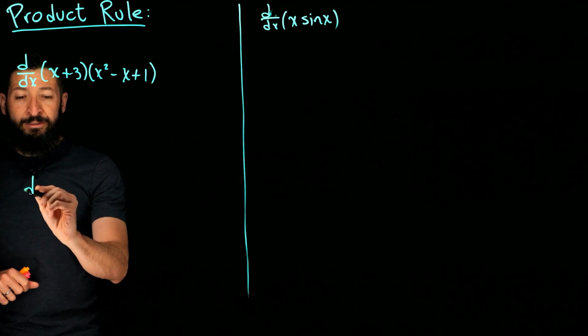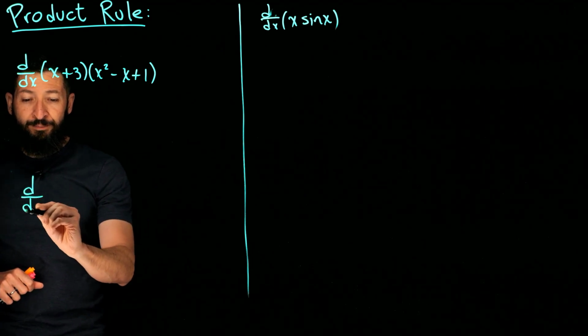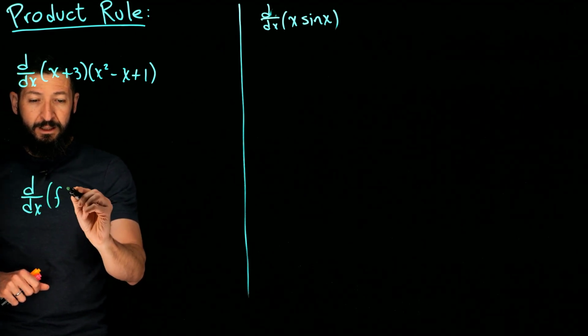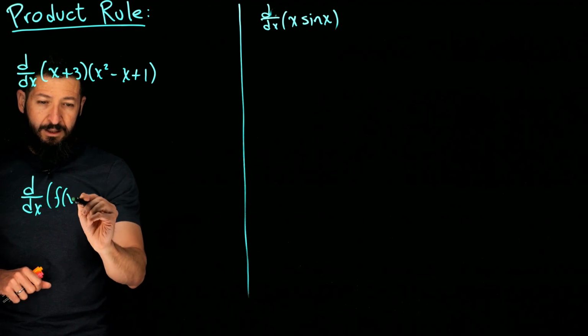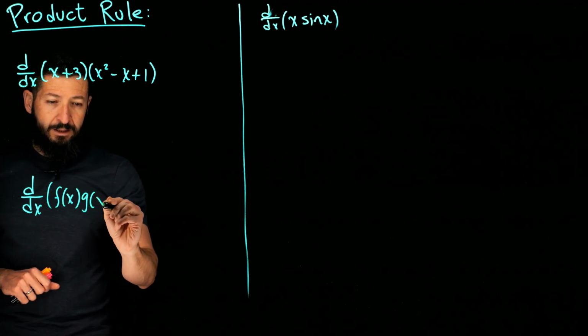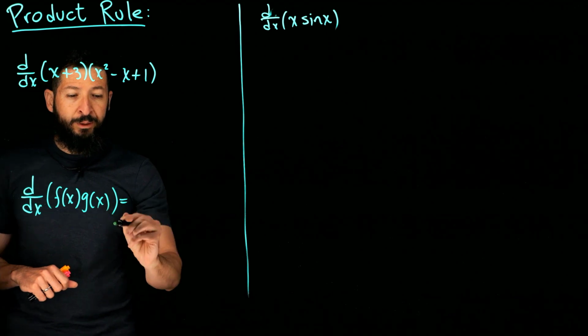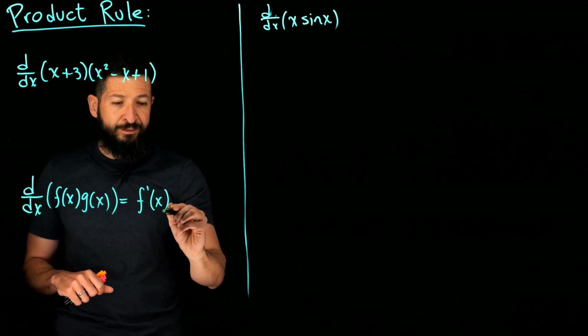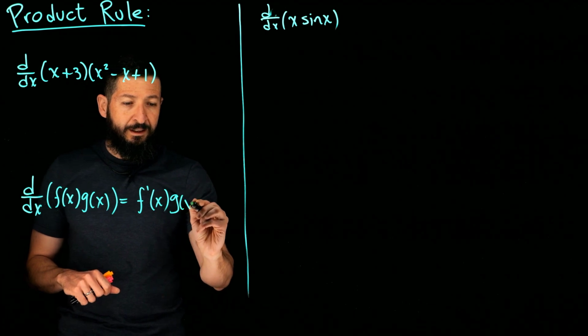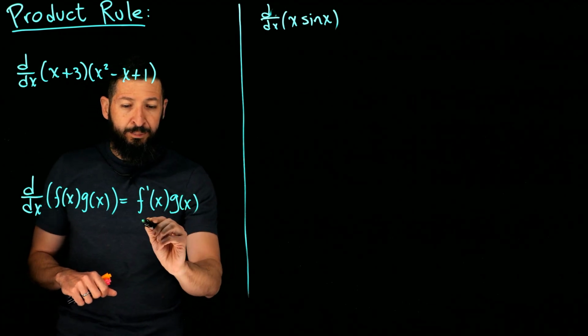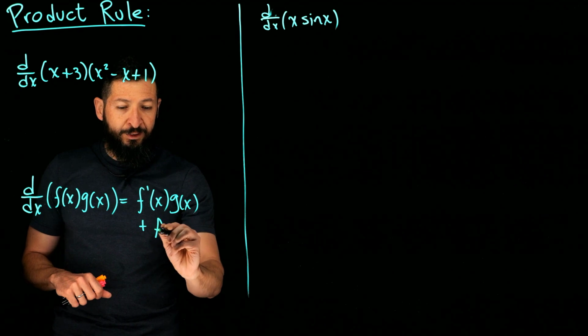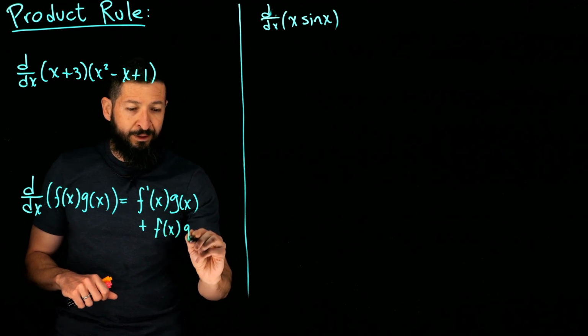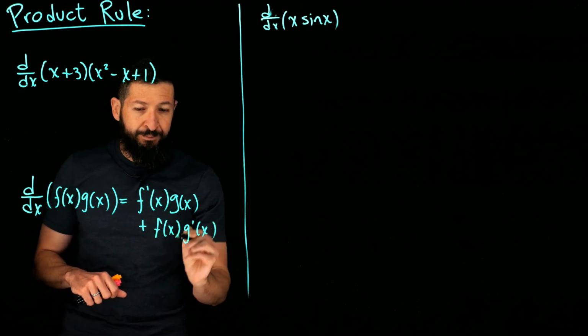So the derivative of the product of two functions is going to be the derivative, and I'm going to write it with the prime, of the first function times the second plus the first function times the derivative of the second.